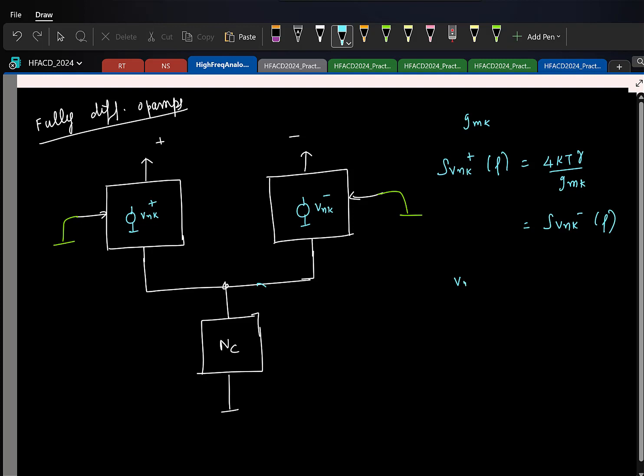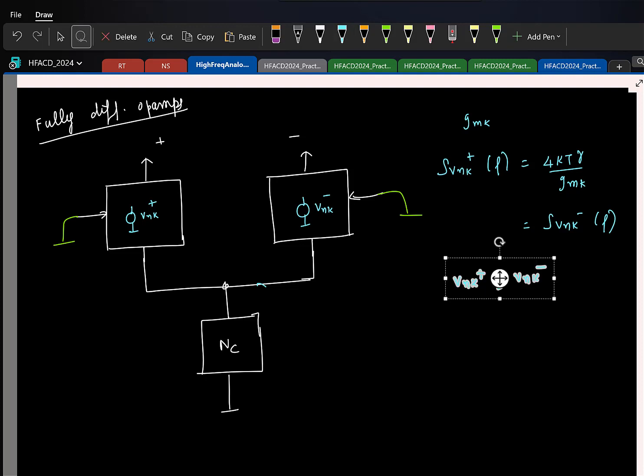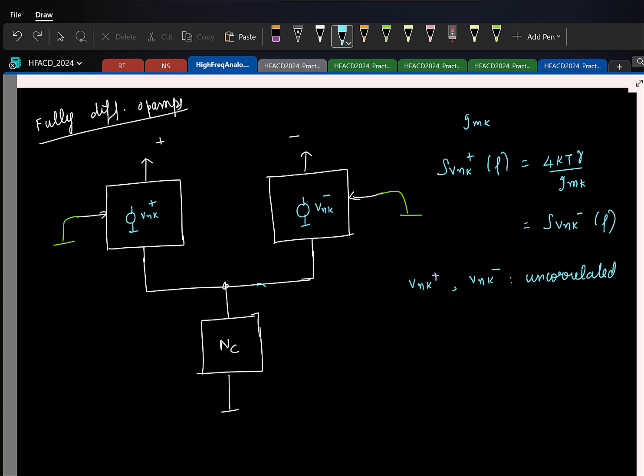So let me mark it here, VNK plus, VNK minus. They are uncorrelated. Cool. So now let's try to find the output voltage here differentially. I can also find the short circuit current, but here let's try to find the open circuit voltage.